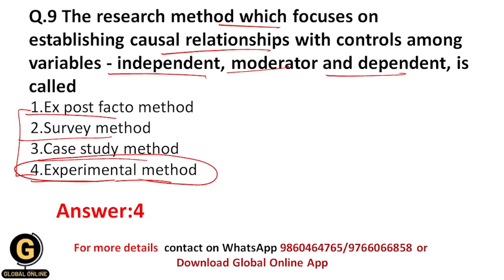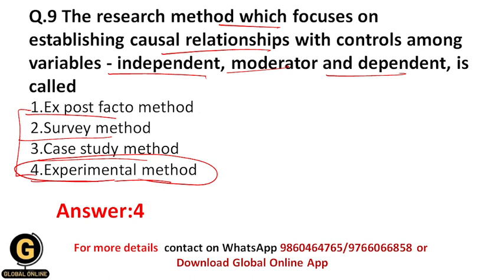There is no control over the variable which is under study, but for other variables I'll be having the control. And as well my focus is that I want to establish the causal relationships between the variables. So these two things make me do the experimental research method.